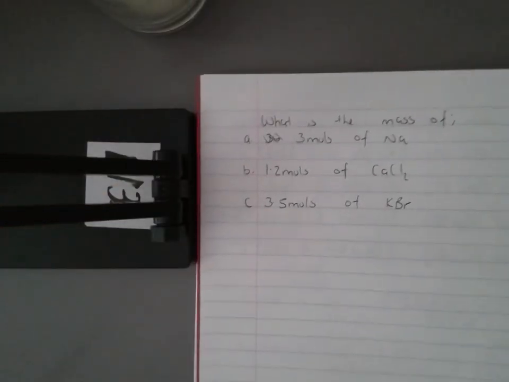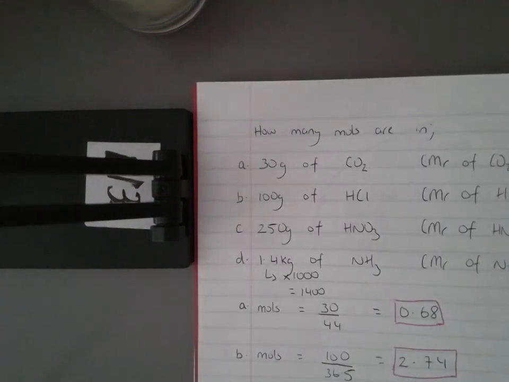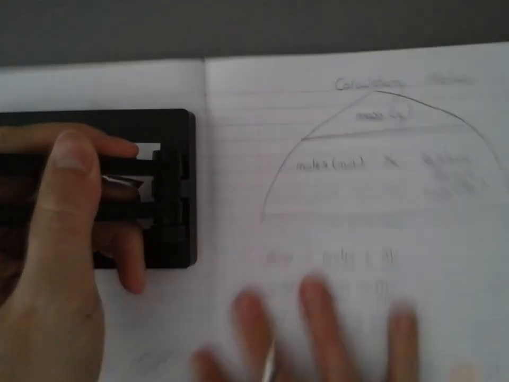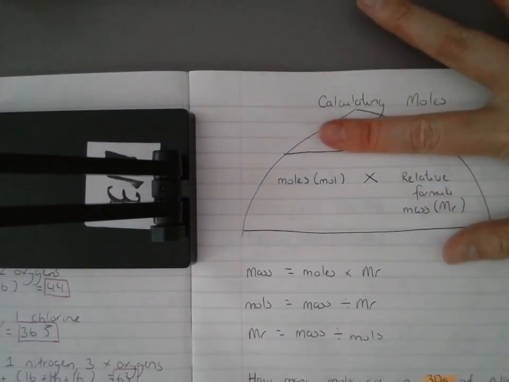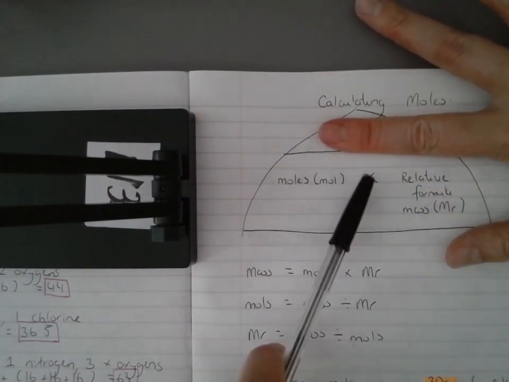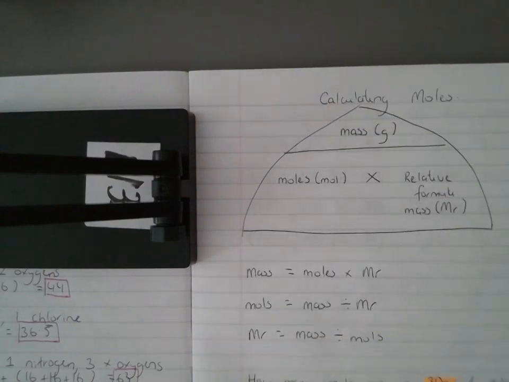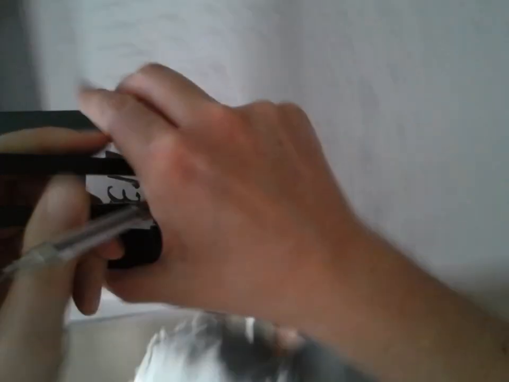If I flick back to my formula triangle, if I'm trying to find mass, I cover mass in my formula triangle and I'm left with moles multiplied by relative formula mass. So now I go back to my questions.